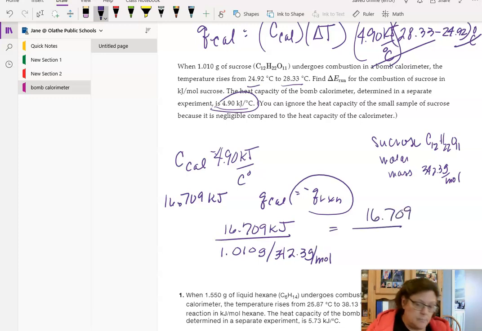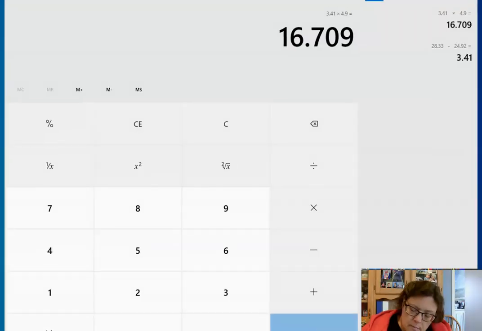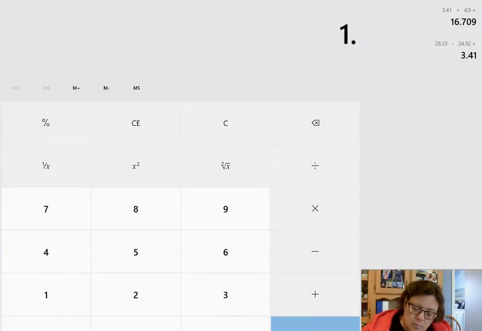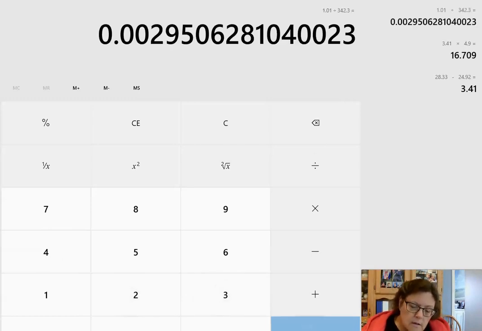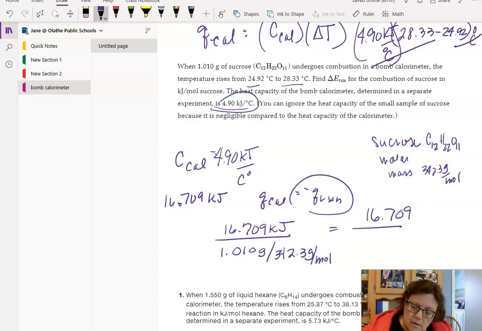So now we're going to take 16.709 divided by 1.010 divided by 342.3, okay, 0.00295. I'm not going to pull the calculator up again, you're just going to have to trust me.